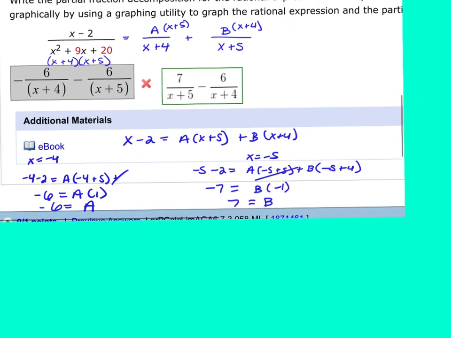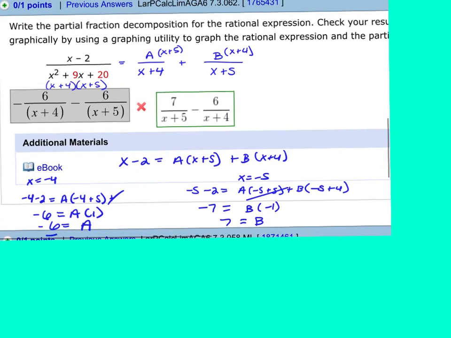Positive 7. So then this goes over the a, so negative 6 over x plus 4 plus 7 over x plus 5. You put the same thing for a and b. No, I just noticed that I subtracted minus 1. Negative, okay, I got you, instead of dividing.